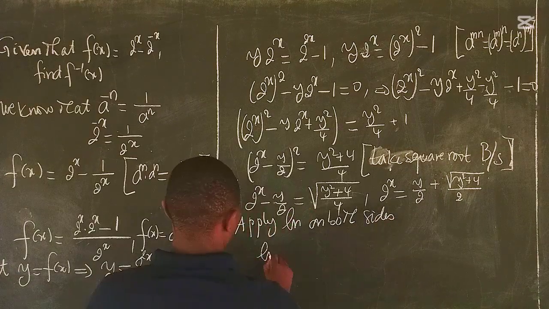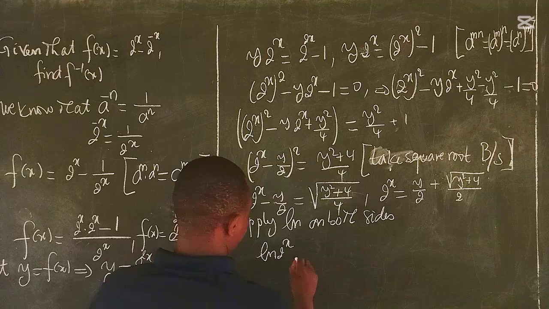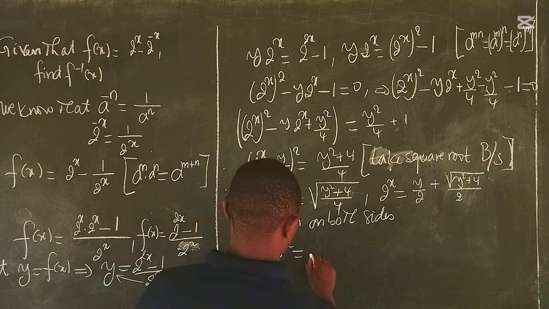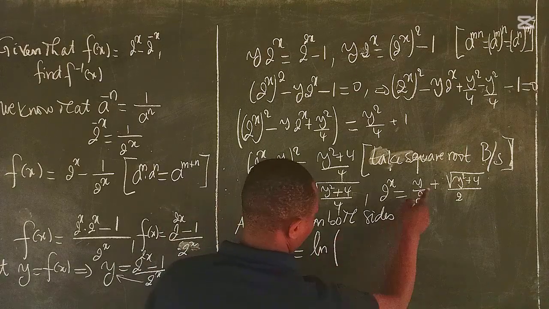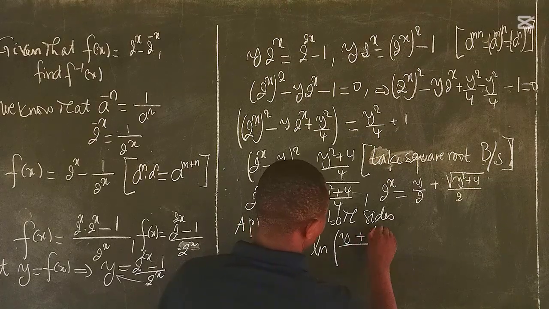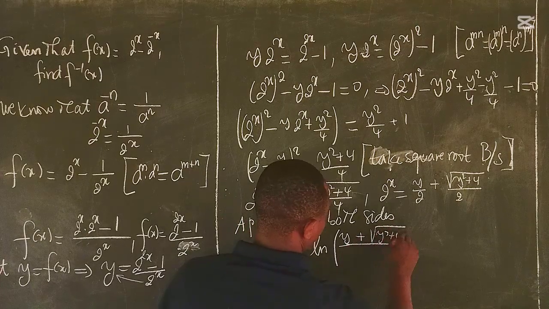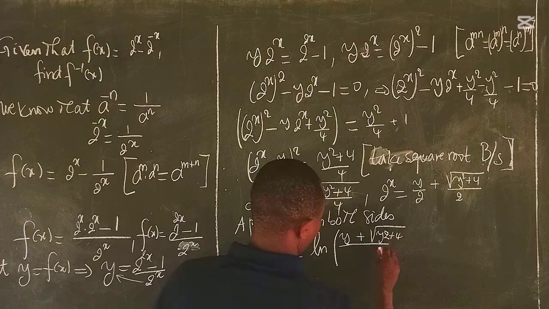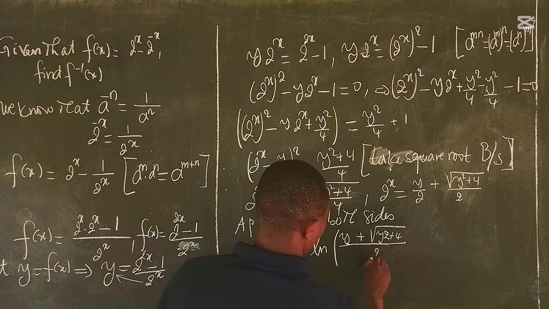We have ln 2 power x, which is equal to ln of y plus the square root of y squared plus 4, all over 2.